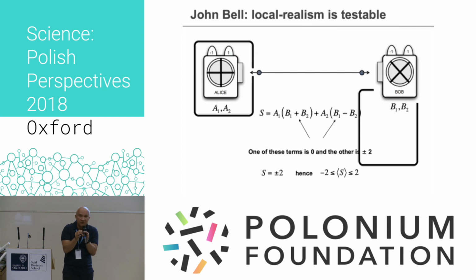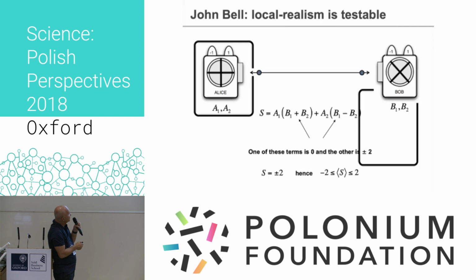For each incoming photon, they will choose randomly, independently from each other, which one they are going to measure. So in some cases, for the first pair, Alice may measure A1 and Bob may measure B2. And then for the second one, Alice again may measure A1 and Bob B1, and so on and so forth. So there are 4 possible configurations, and they will just do all these measurements and register the values.